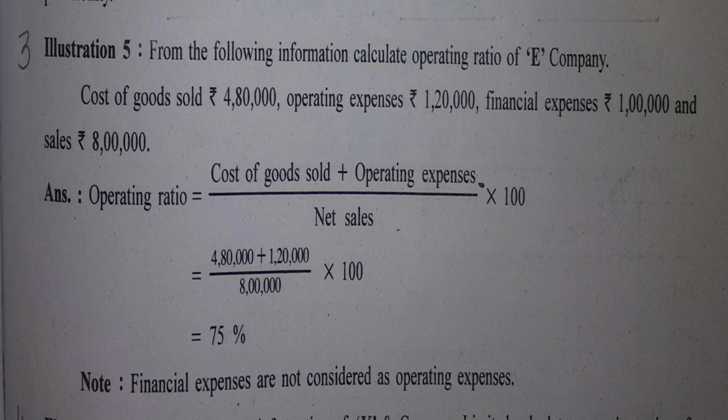So in short, financial expenses, rupees 1 lakh given in this illustration, are not to be considered at the time of calculation of operating ratio, and we have obtained the answer 75%. And the illustration is complete.